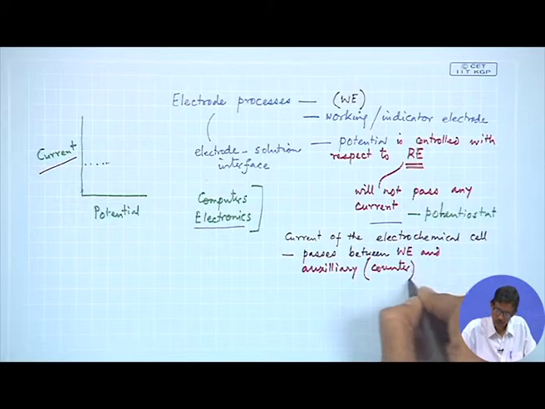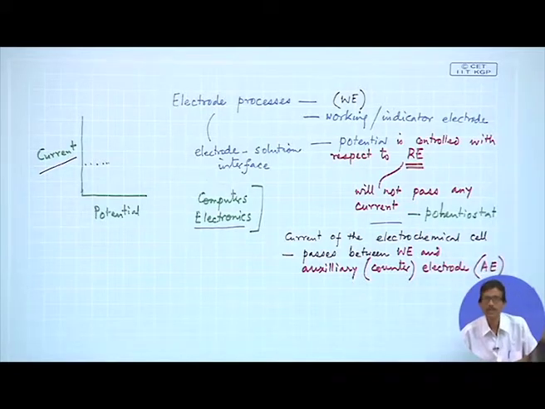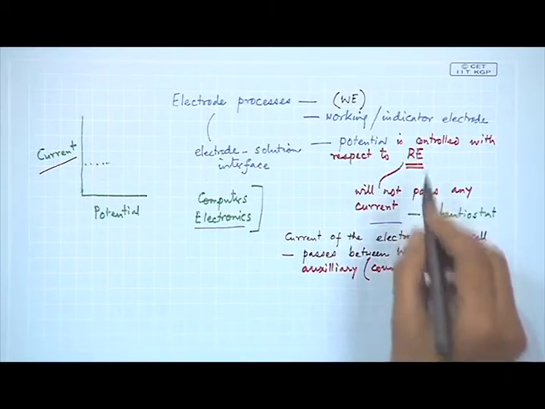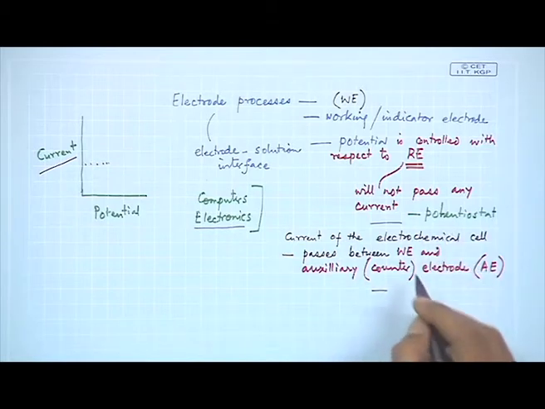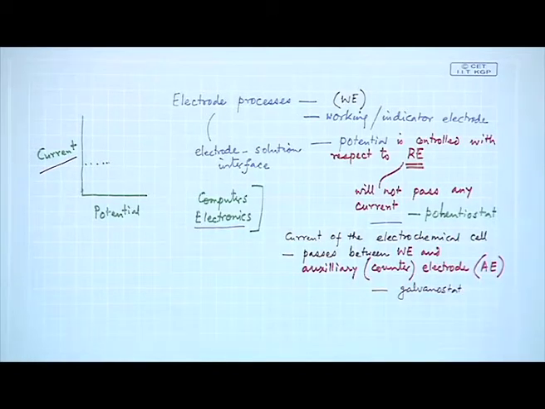AE is the auxiliary electrode. One particular part will be responsible for measuring your potential, and the other part of the electronics will be responsible for measuring your current, which is the galvanostat.